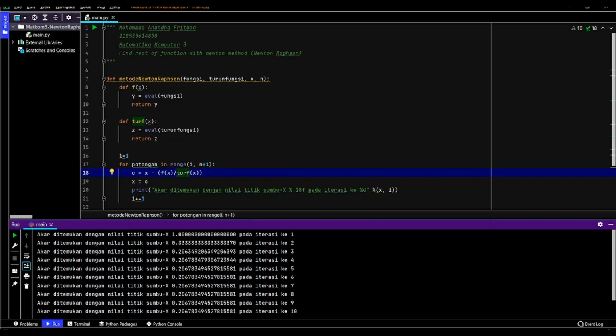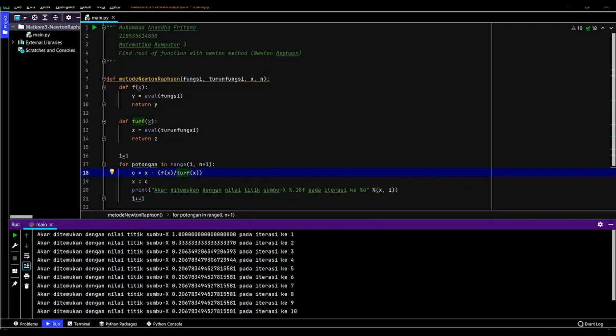explain it later. In the next line I define fx, where x is from the parameter of the Newton-Raphson method, and y is equal to the evaluated function from fx. So x goes to the input of the evaluated function, then its value is stored in y, and the function returns the y value.